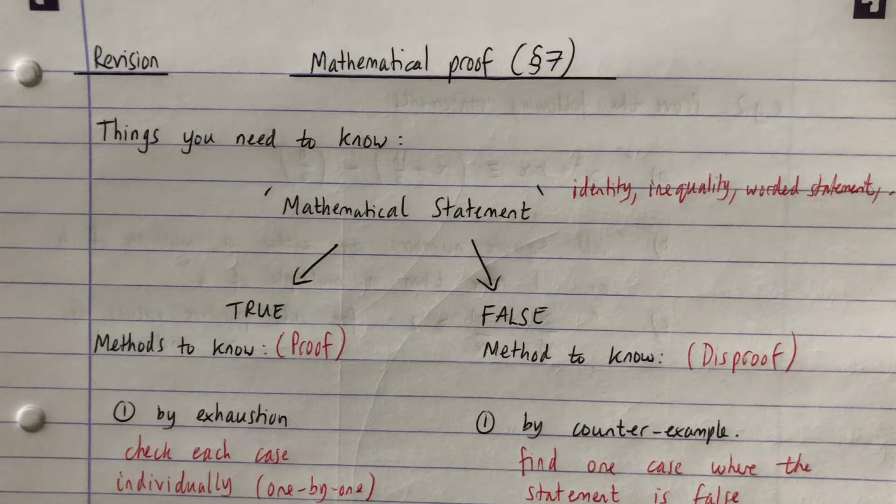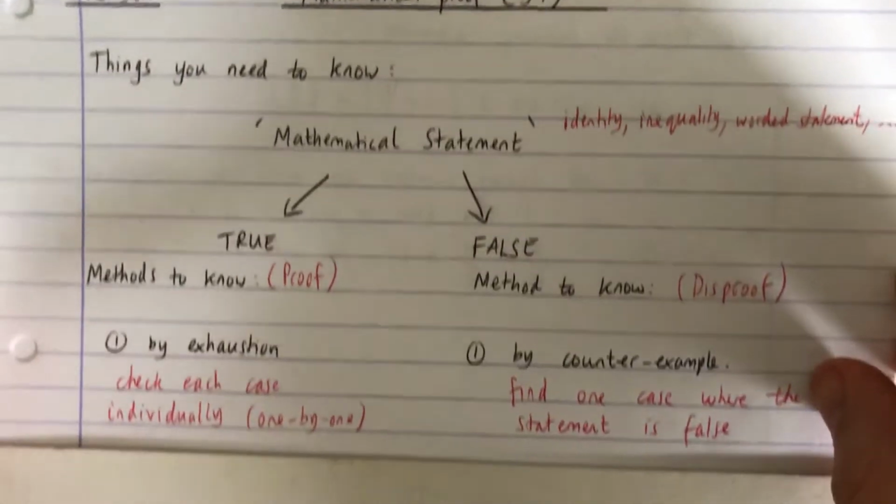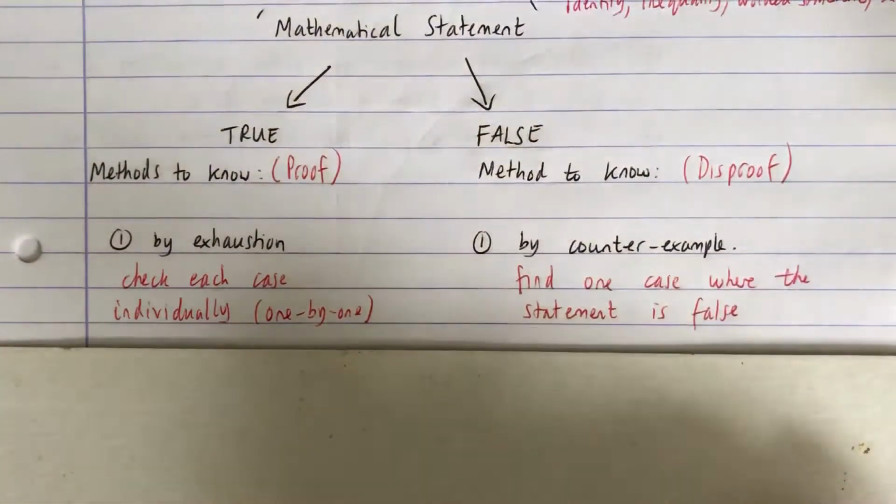Now this type of proof doesn't work if you've got infinite cases, obviously, but if you've got a small number of cases, then this is perfectly fine. Problem is that one isn't a mathematician's favorite type of proof.